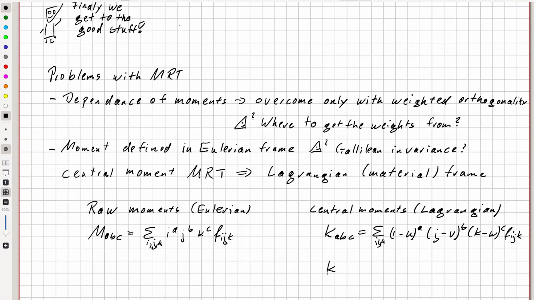And here, of course, we know that the central moments are defined such that the first central moment is always zero. So the velocities u, v, and w are defined such that these moments are zero.